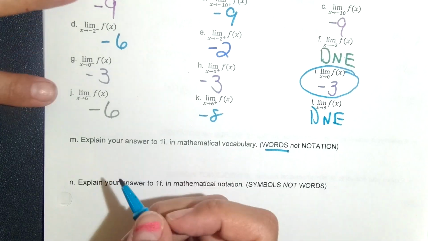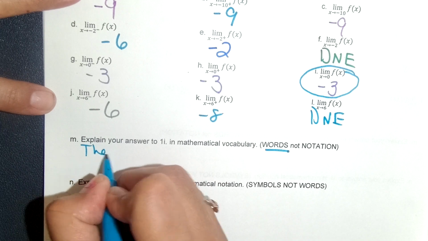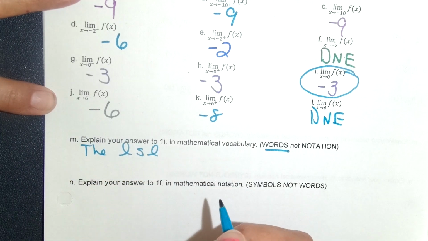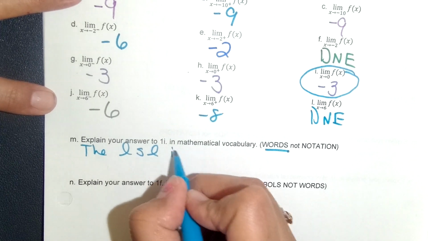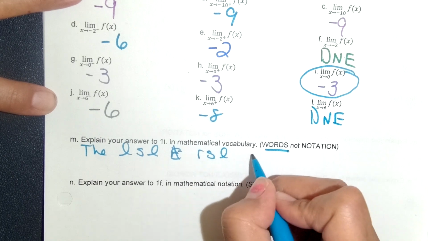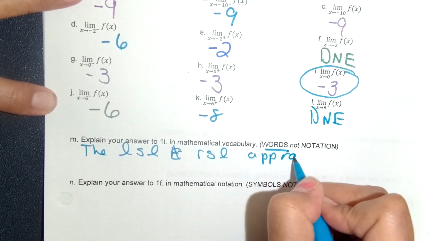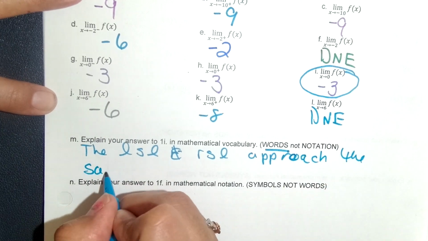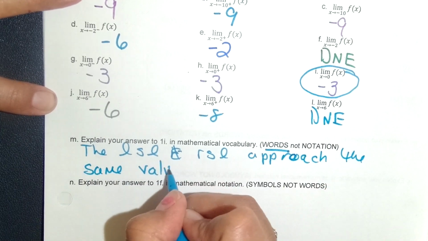So we want to use words. You can say the left side limit, I'm just going to abbreviate LSL, left side limit, okay? And right side limit approach the same value. Let's use correct terms.